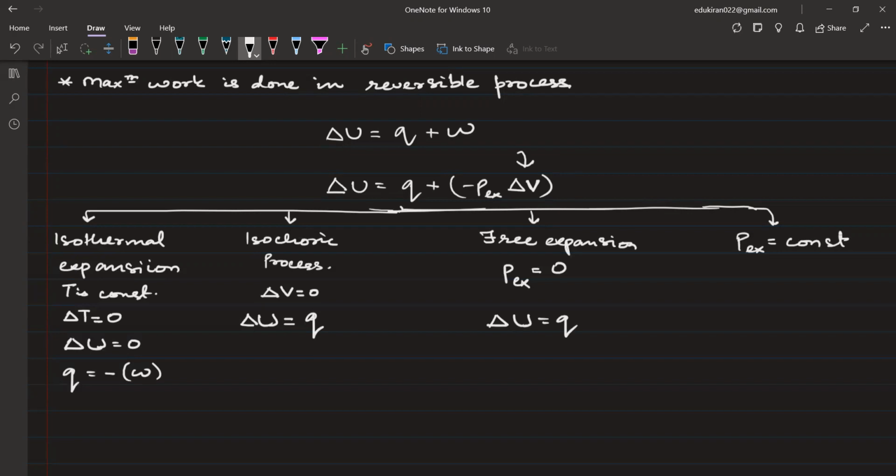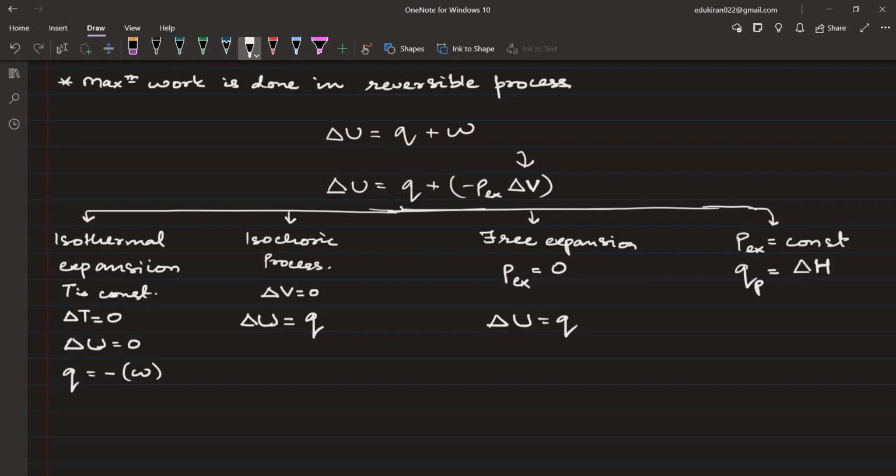And when P external is constant, whatever heat exchange happens whenever the P external is constant, we call this heat change as enthalpy, as delta H. Please write this down.